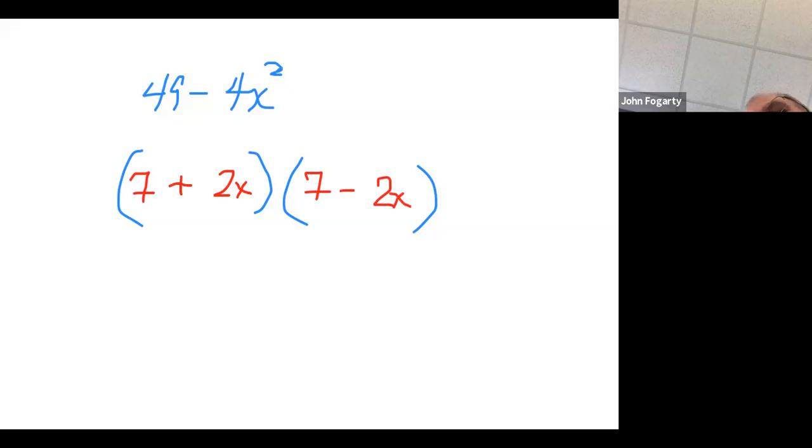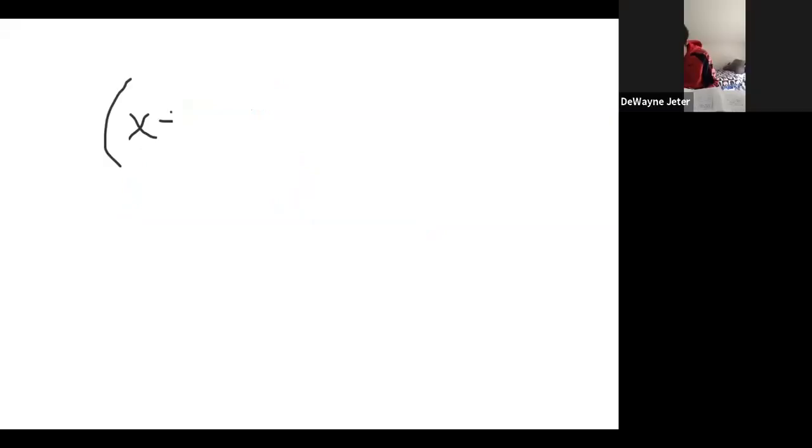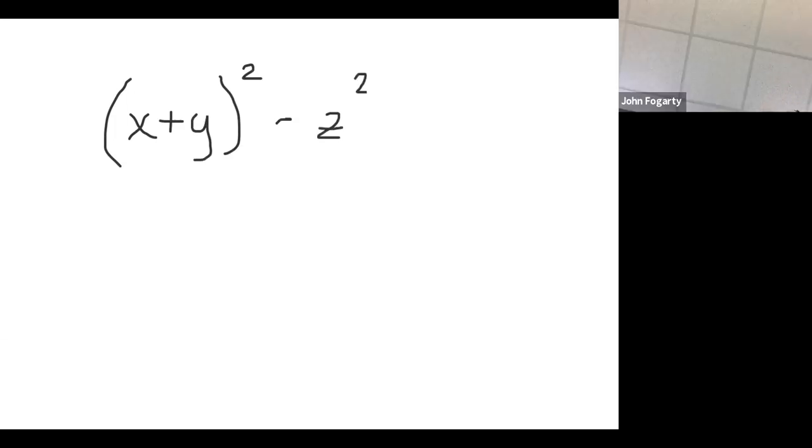All right, now, sometimes they write it in such a way where they just try to confuse you. So, for example, all righty. Now, if you look at this problem, initially it doesn't look like a binomial, but it is a binomial because this is one term. And I have the difference of two squares.